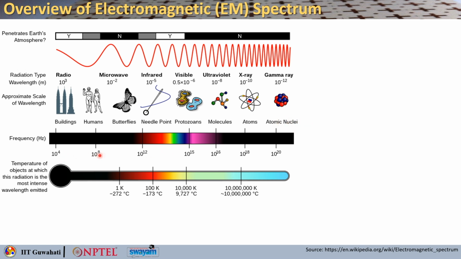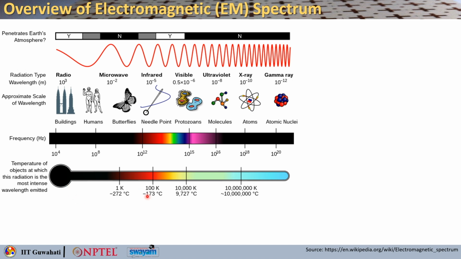So here is the corresponding frequency spectrum for these wavelengths. That's also really wide, you can see 10 to the 4 hertz to 10 to the 20 hertz. And this particular scale shows you the temperature of the objects at which this particular radiation is the most intense wavelength that is emitted.